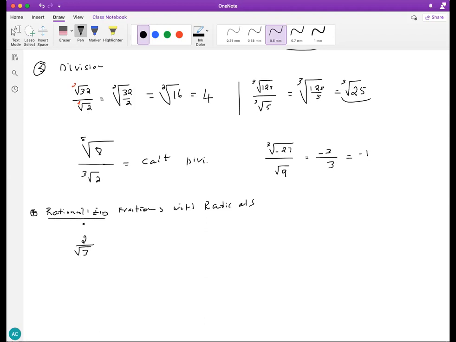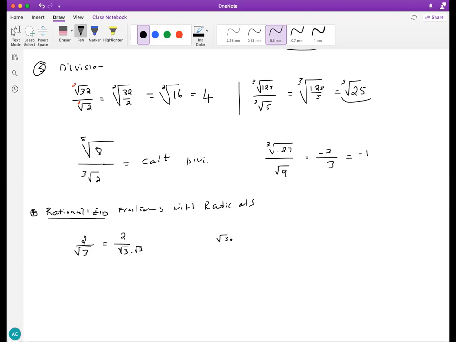Rationalize just means get rid of this radical from here. So to rationalize a fraction means we don't want the radical or the radicals in the denominator. And it's very simple to do. You just take your fraction, and to remove this radical, you're just going to times it by itself. Why?